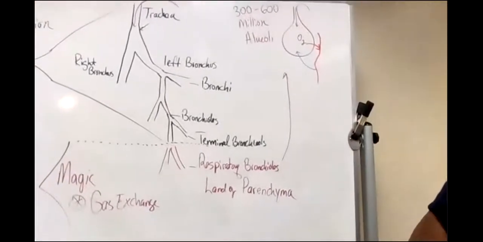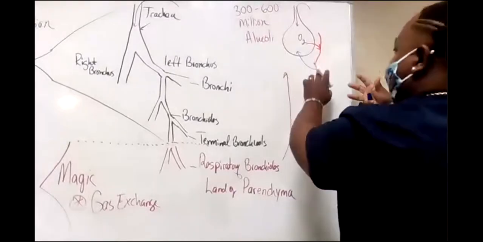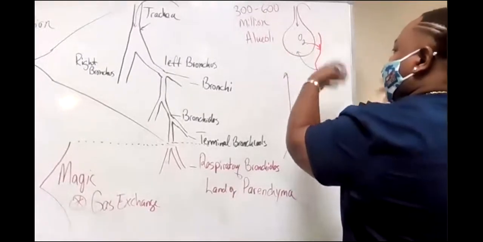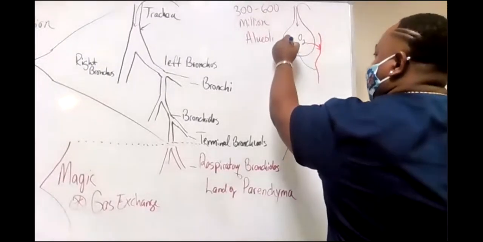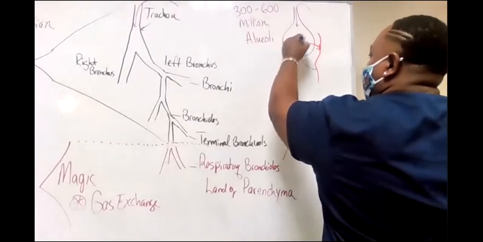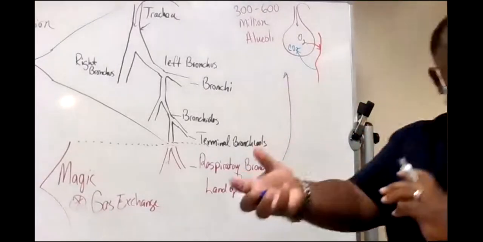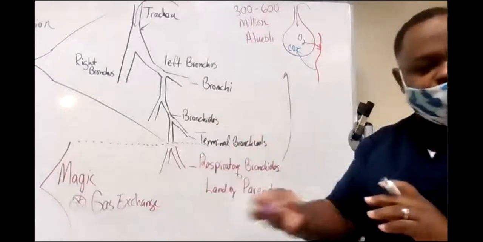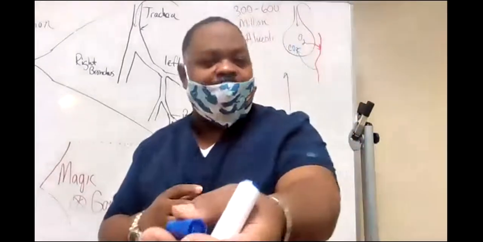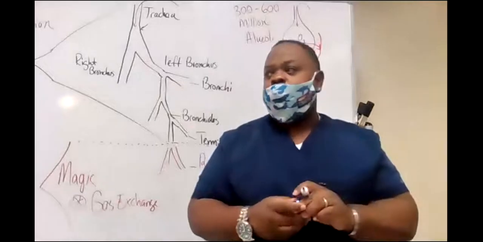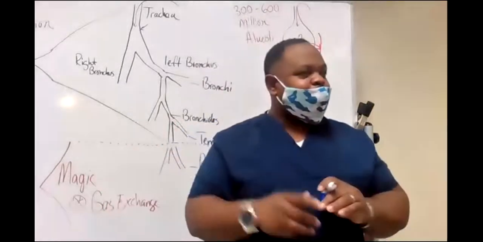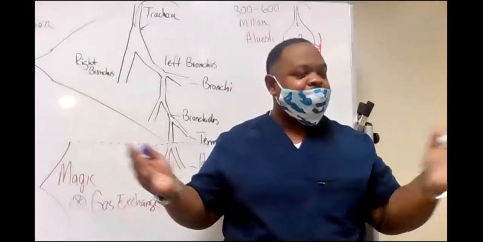Carbon dioxide. So then the capillary will give up the used blood or the used gas, which is CO2. That's the gas exchange. You give me oxygen, I'll give you CO2. That's the magic.